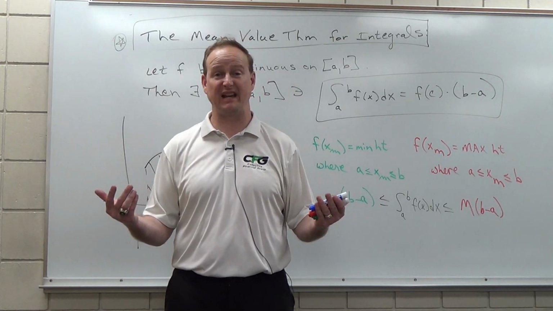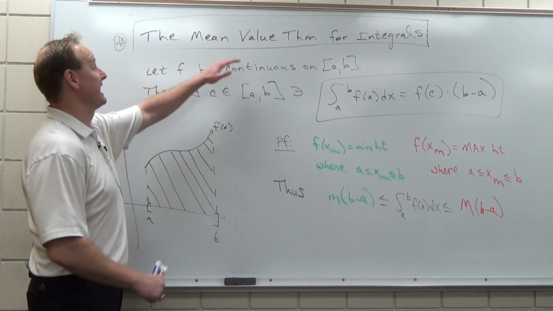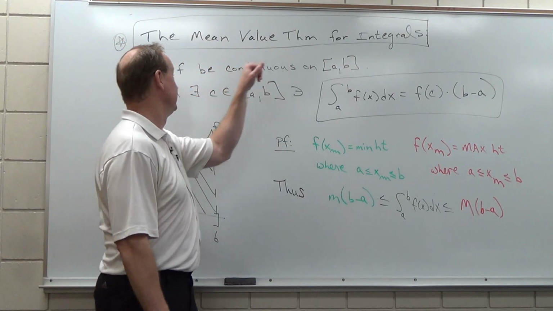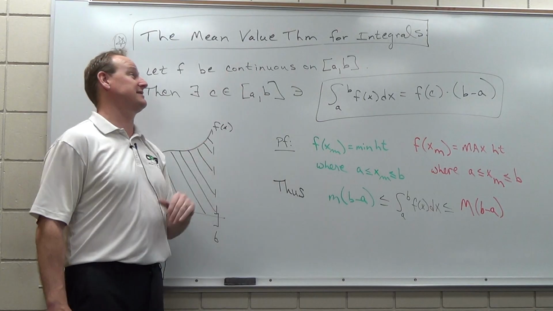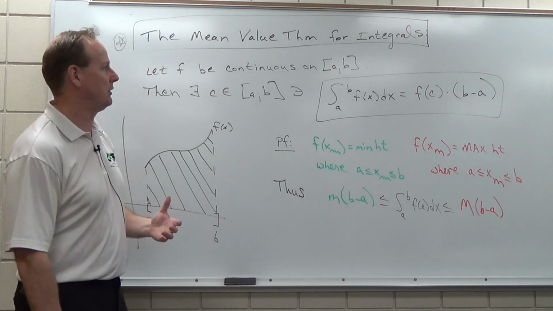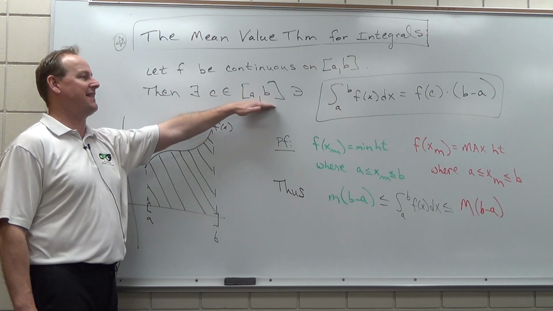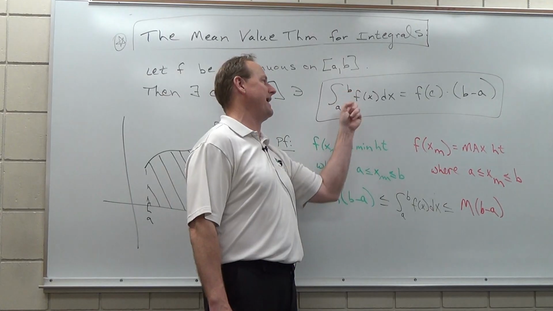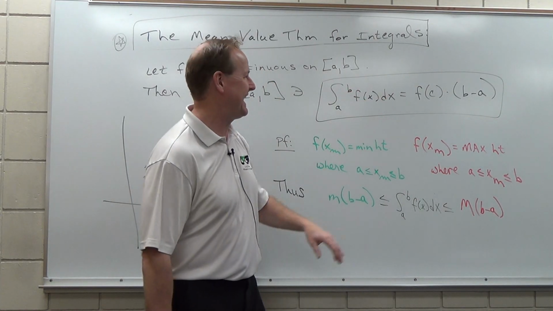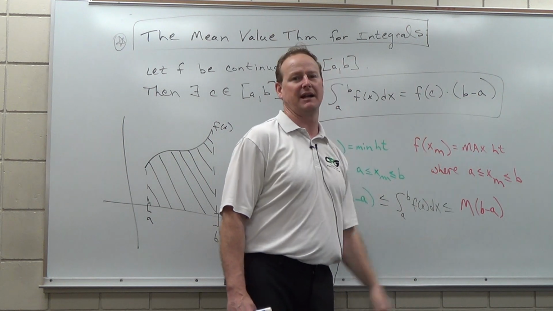So now, like Mr. Potato Head, I'm going to give you my angry eyes by looking at the mean value theorem for integrals. So let f be continuous on the closed interval a to b. That means that we know that f is also integrable on that closed interval. Then there exists a c in that closed interval a to b such that the definite integral from a to b of f of x with respect to x is going to actually equal f of c times b minus a.